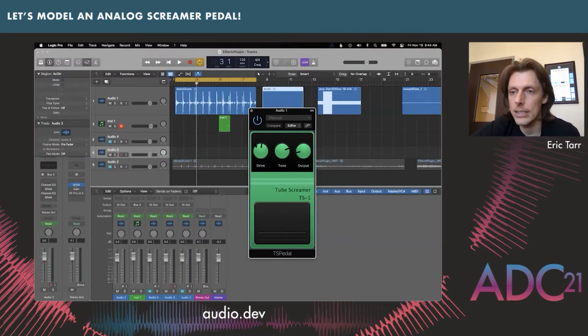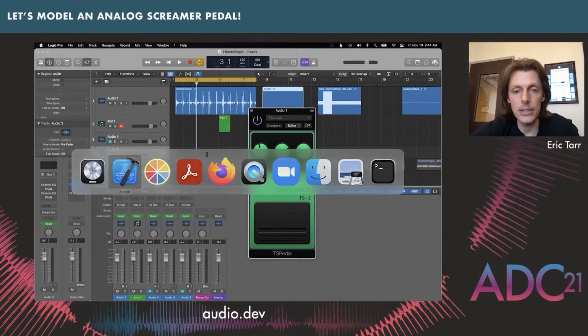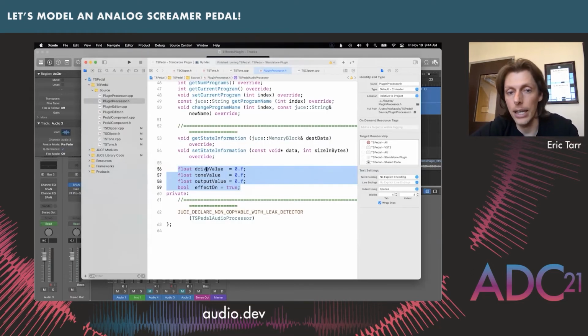So when we twist this knob, it will update the drive value in the public variable in our plugin processor. Same thing with the tone and output values. So we can use those variables and pass them into our classes that we're using for the processing, and know that their values are there and ready to work.